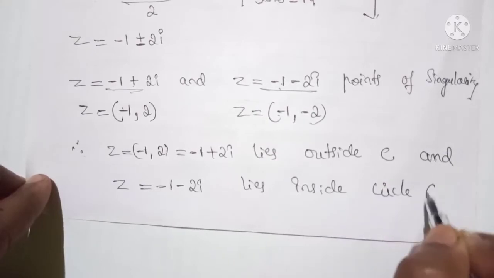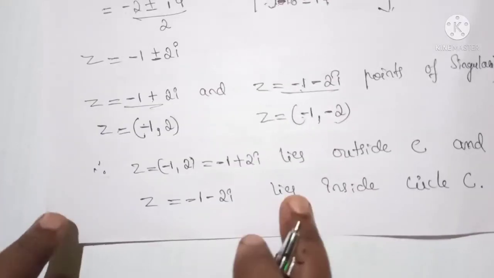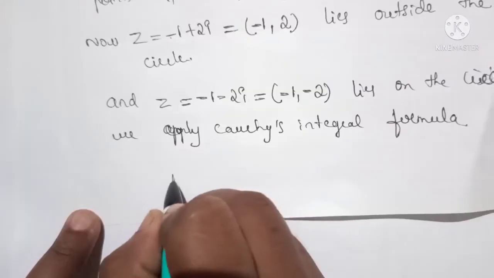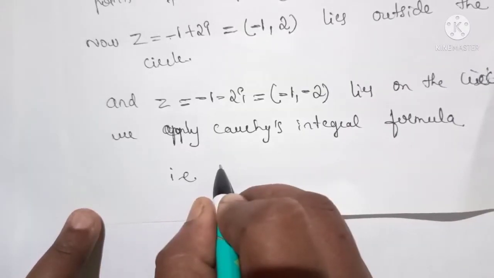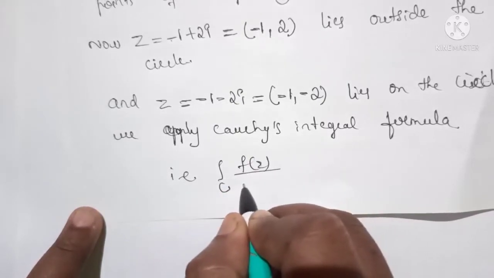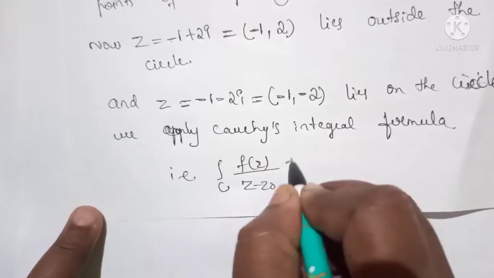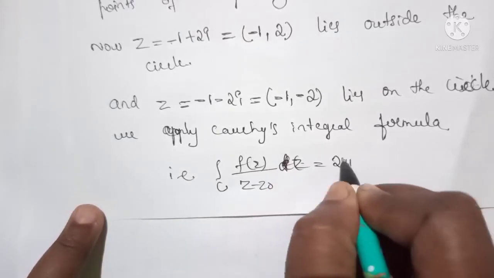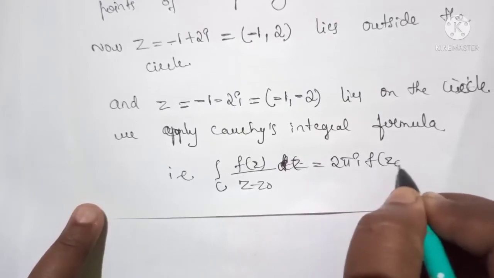Okay, so therefore we apply Cauchy's integral formula for this one. Cauchy's integral formula is integration over c of f of z divided by z minus z naught dz equals to 2 pi I f of z naught.